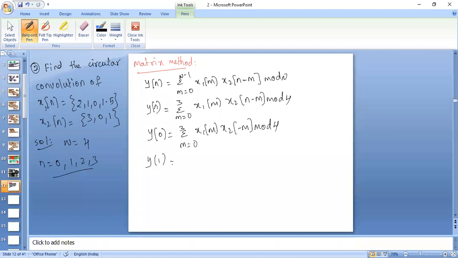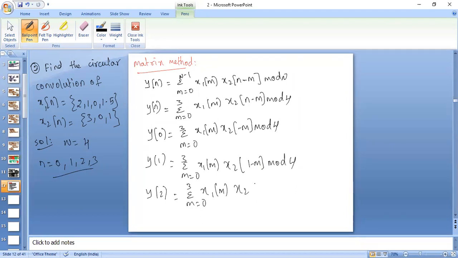Similarly, y of 1 is equal to sigma m is equal to 0 to 3 x1 of m into x2 of 1 minus m mod 4. y of 2 is equal to sigma m is equal to 0 to 3 x1 of m into x2 of 2 minus m mod 4. y of 3 is equal to sigma m is equal to 0 to 3 x1 of m into x2 of 3 minus m mod 4.